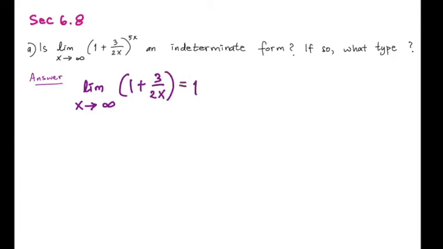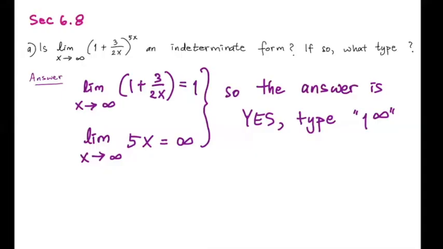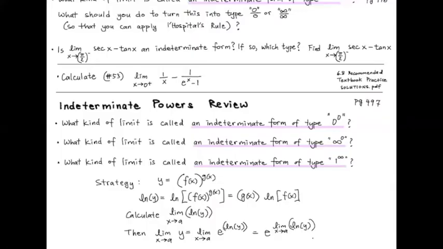So this limit is 1. And then I check the value for the exponent. This goes to infinity. So this is an indeterminate form. And the type is 1 to the infinity. So in particular, it is one of these indeterminate powers.